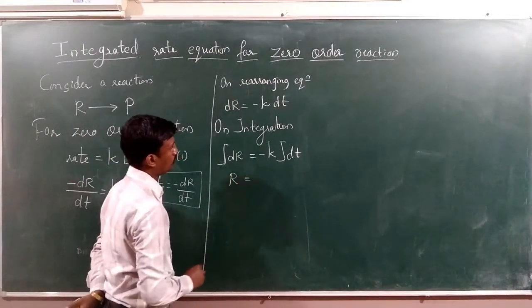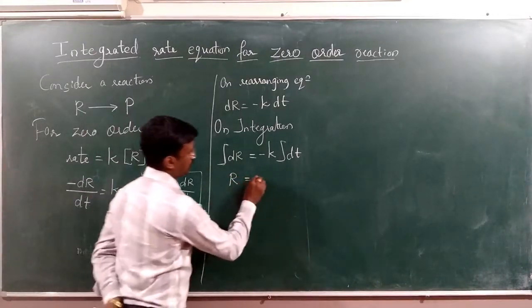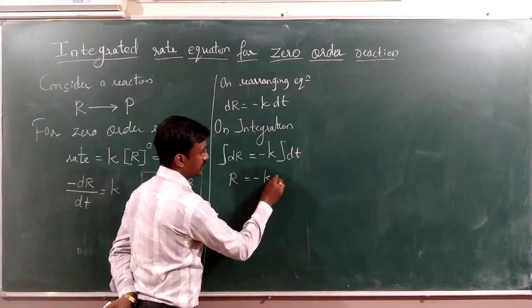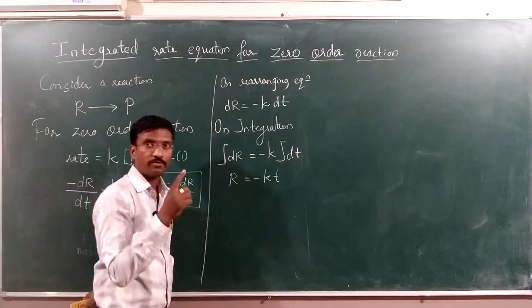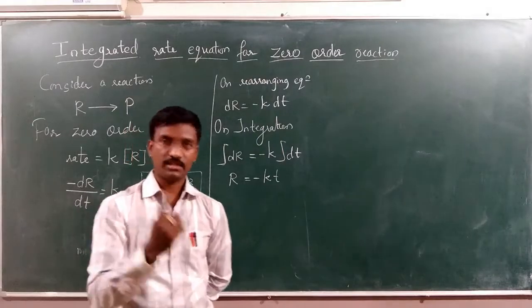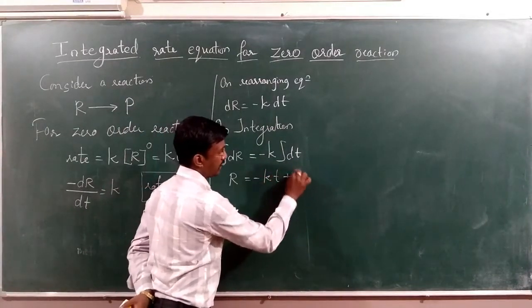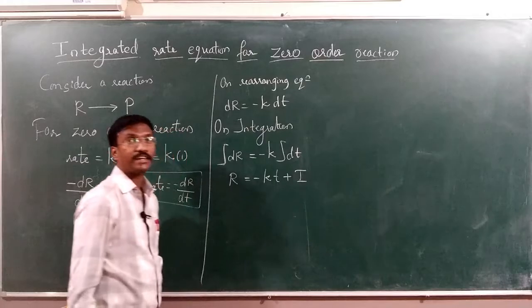R is equal to minus k times the integration of dt, which is t. Integration of dx is x. Similarly, the integration of dt is t plus I, where I is the integration constant.